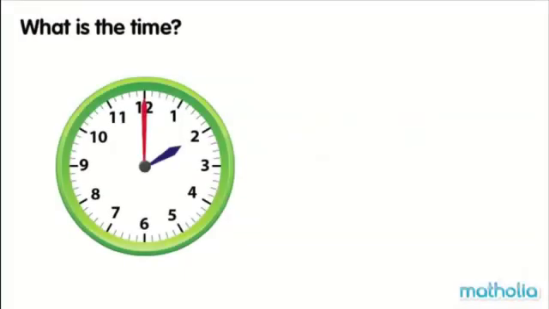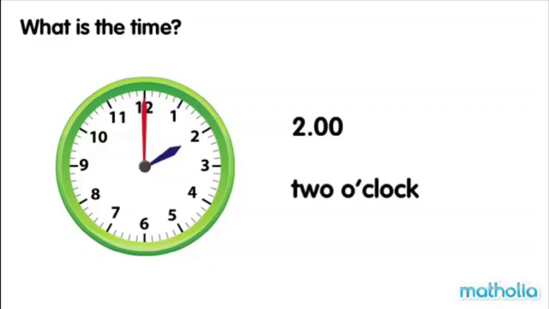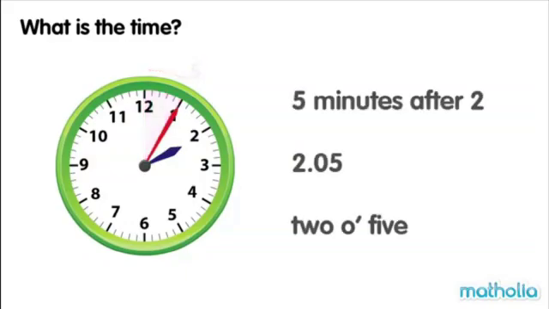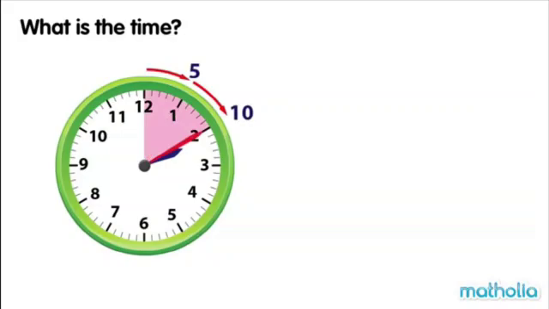What is the time? It's 2 o'clock. 5 minutes have passed. What is the time? 5 minutes after 2. It's 2:05. 10 minutes have passed.